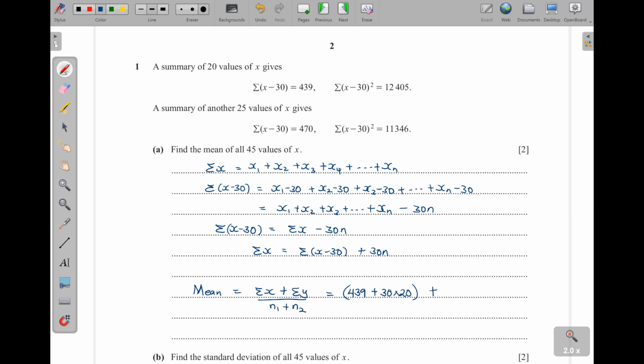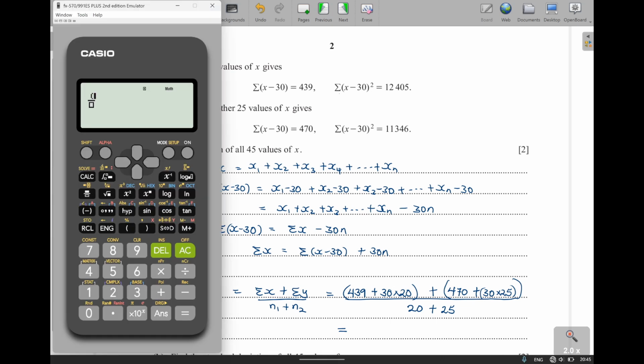Then for the other group, summation of x minus 30 is 470, so I'll have 470 plus 30 times 25. That is for the other group. Then I will divide by 20 plus 25, or I can just say 45.